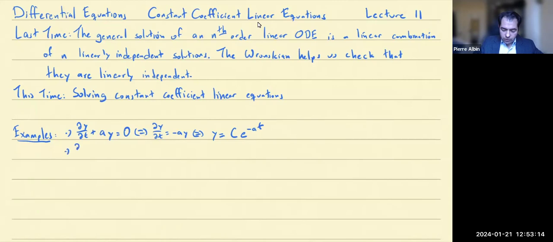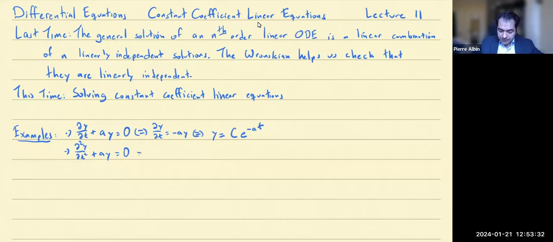Okay, so let's look at second order, but let's keep it as simple as possible. So I won't put any first order derivative term. Let's just look at this linear constant coefficient equation.